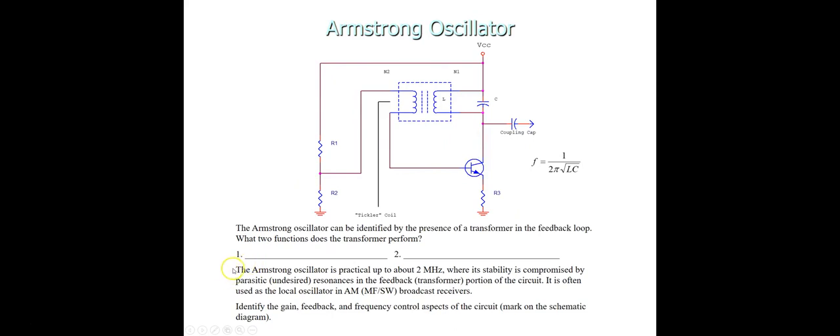So here the Armstrong oscillator is practical up to about 2 megahertz, where its stability is compromised by parasitic resonance in the feedback portion of the circuit. It is often used as a local oscillator in AM broadcast receivers. Identify the gain, feedback, and frequency control. So we know all these three things.